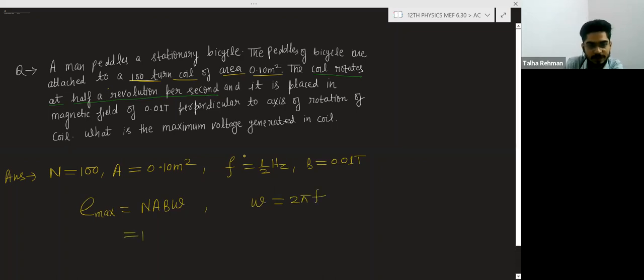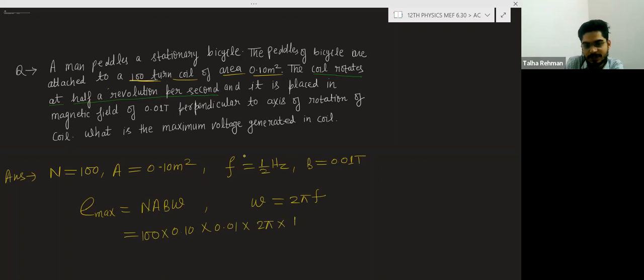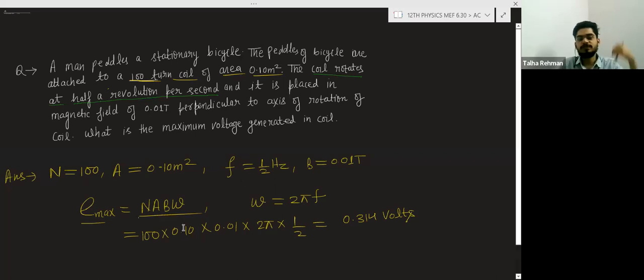So number of turns is 100, area is 0.10, multiplied by magnetic field 0.01. Omega is 2 pi, frequency is half. Okay, so your answer will be 0.314 volts. This will be the formula of the maximum EMF, and accordingly you will put all the values.